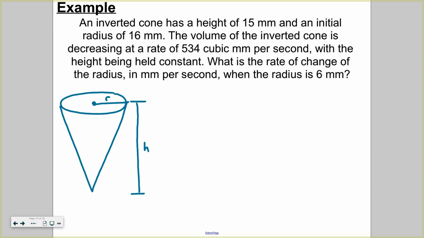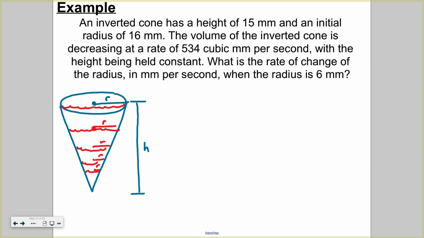And now the height is going to be decreasing, so we're going to get lower and lower and lower, which means as we get lower and lower, our radius is going to get smaller and smaller and smaller.